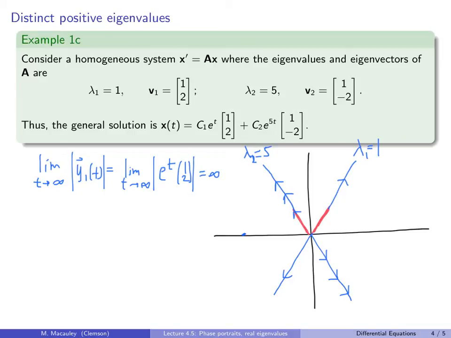So as time goes to infinity, this is going to get more and more parallel to this direction. So curves are going to come in from here and then they're going to bend that way. If they were to bend the other way, that would mean that they would, in the limit, be approaching that direction, and that's not the case. So let me draw this in the limit, they will be bending in this direction.